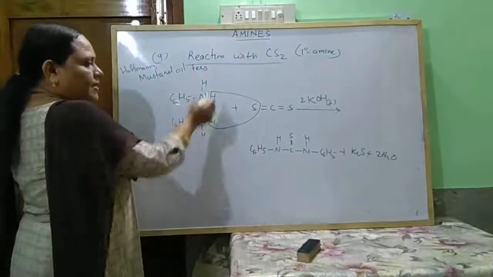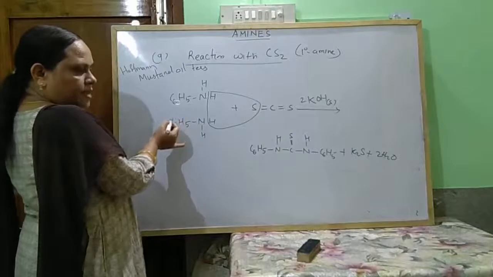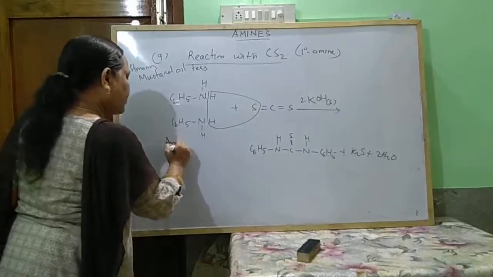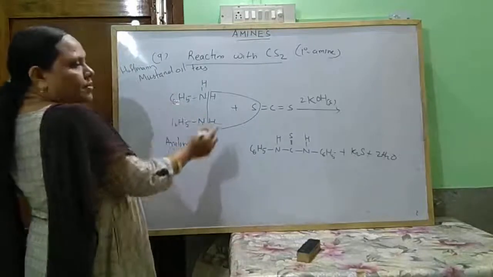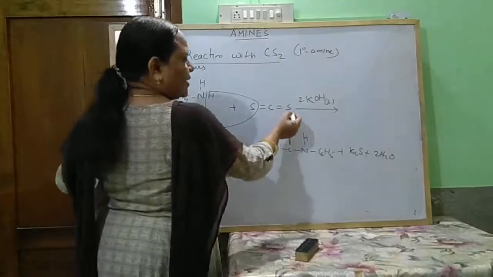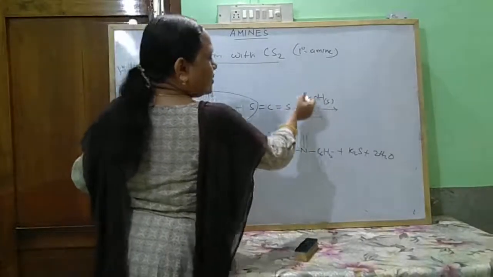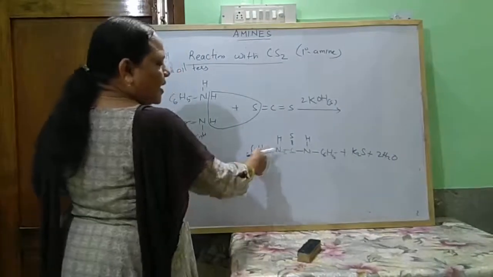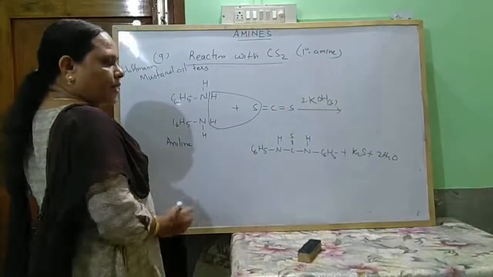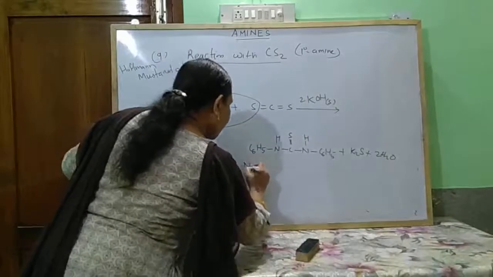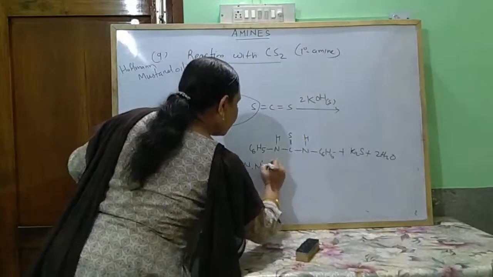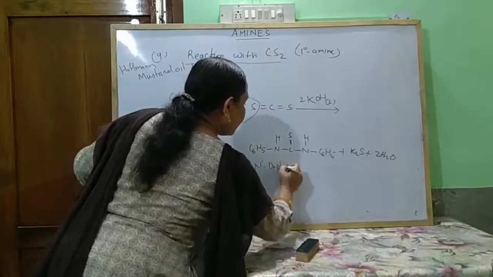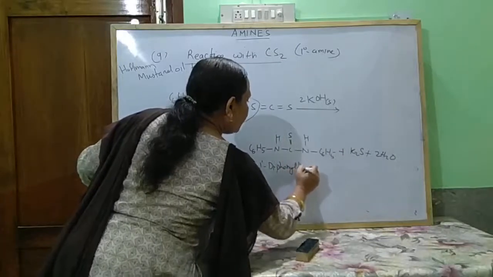So aromatic amine or aniline, when reacted with carbon disulfide in presence of solid potassium hydroxide, forms N,N'-diphenyl thiourea.